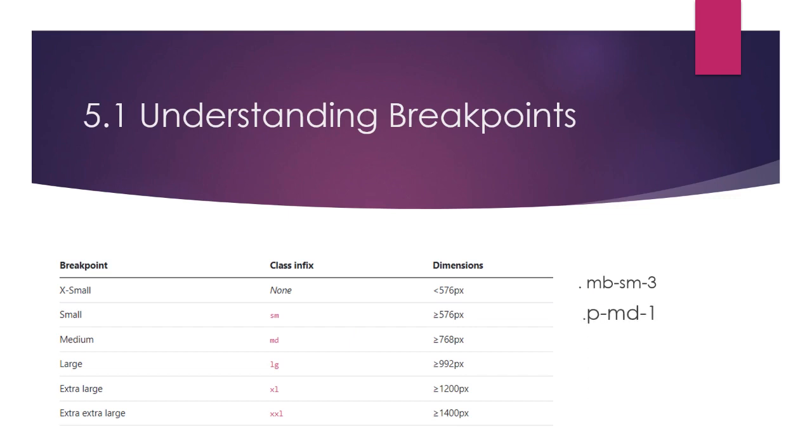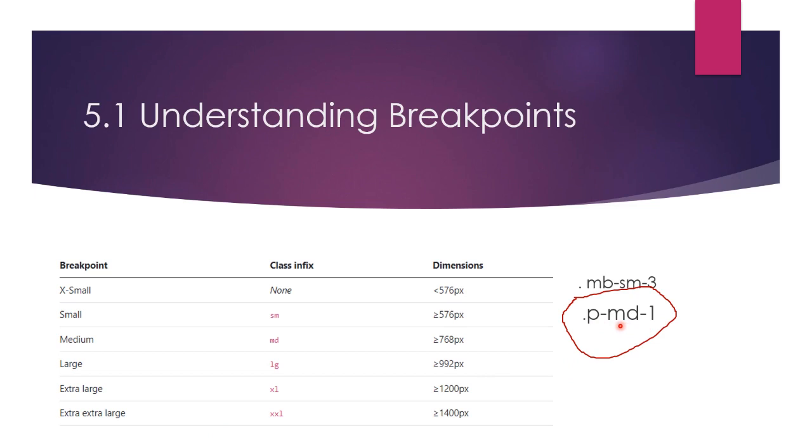So here's another example. We have P MD 1. So what's the meaning of this P MD 1? This is padding. I want padding of 1 at medium screen sizes, right?